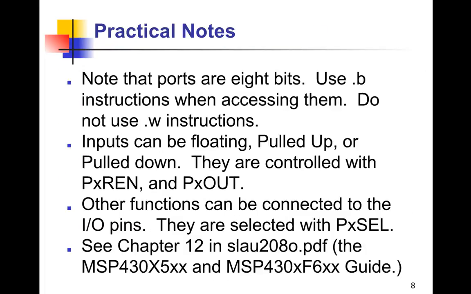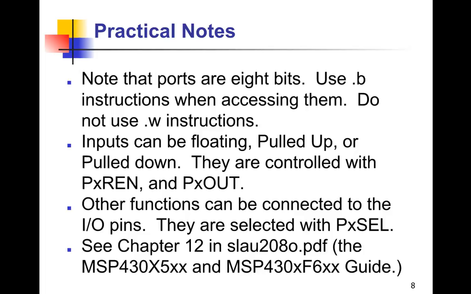So here's some practical notes. Ports are 8 bits. Remember that. Use the .b instructions when accessing them. Do not use the .w instructions because that will actually change more than what you want. It will change the next memory location up, which could do some things that you were not expecting. Inputs can be floating. In other words, they can be pulled up or pulled down. They are controlled with PXREN and PX out.